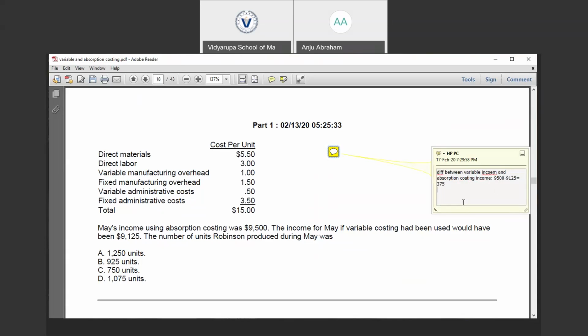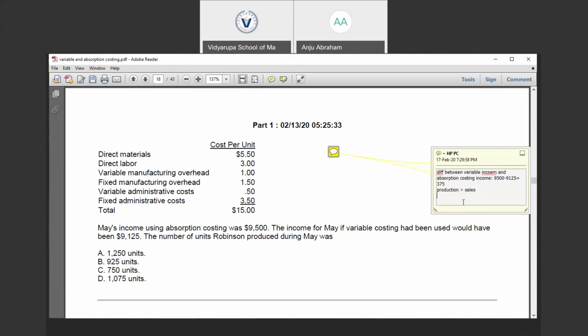So we could arrive at such information: production is greater than sales. It is very evident because the absorption costing income is greater than the variable costing income. This only comes in a situation when the production level is greater than the sales. We know that the only difference between variable costing income and absorption costing income is in the treatment of the fixed manufacturing overhead.